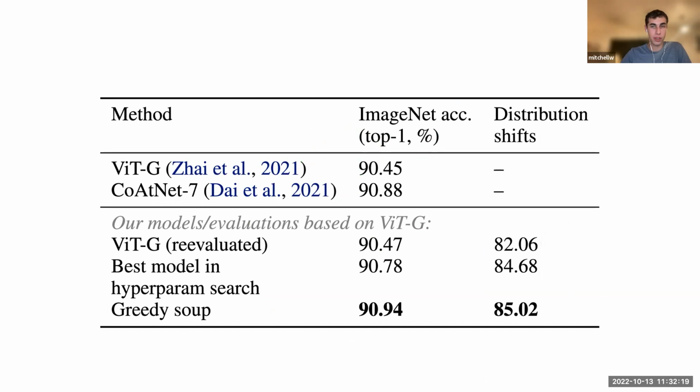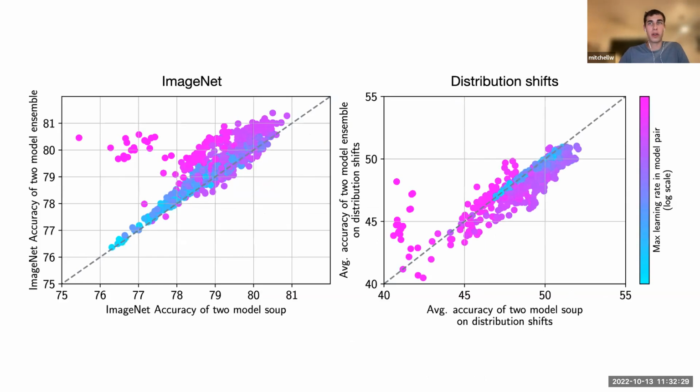Next, we're going to look at some motivations for this approach. Why does this perform well? Our intuition is that the performance is coming from the relation between this weight averaging procedure and output averaging.